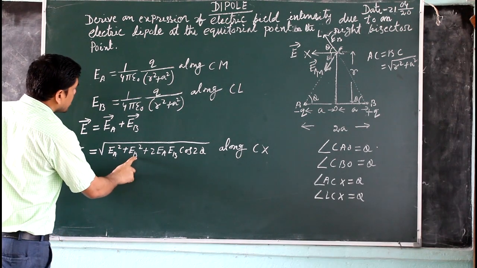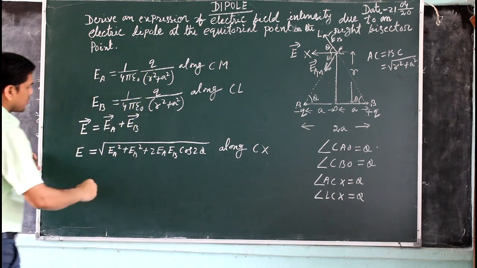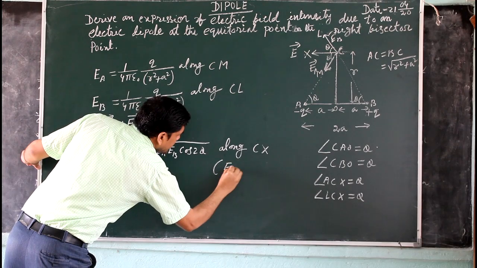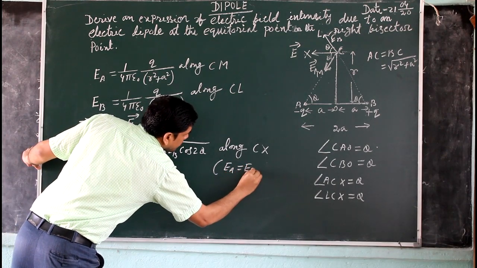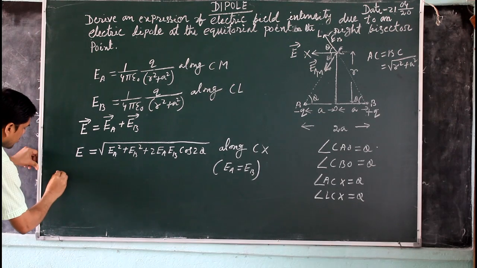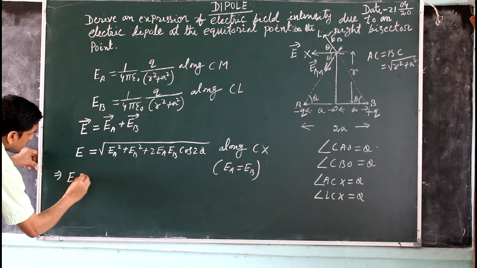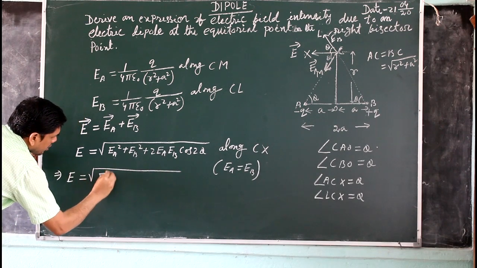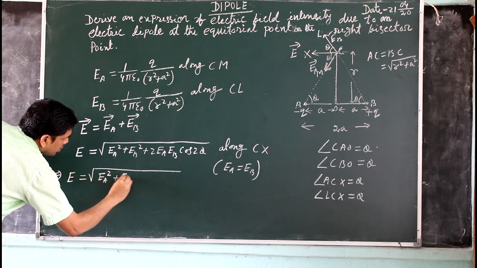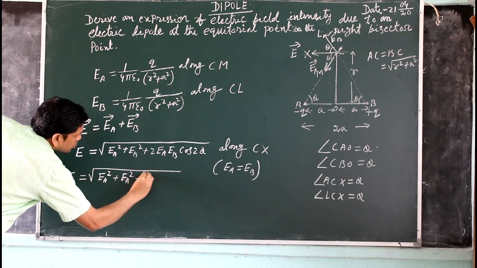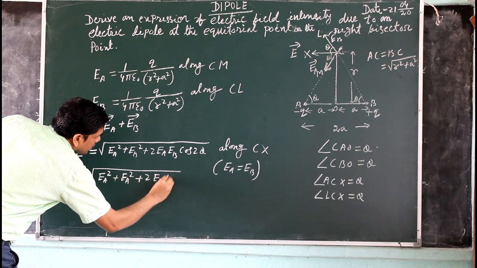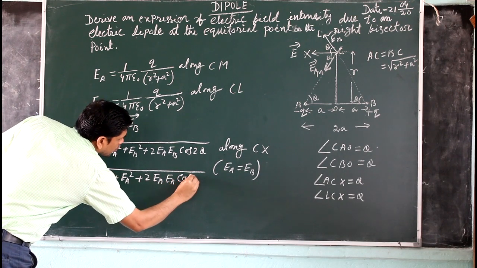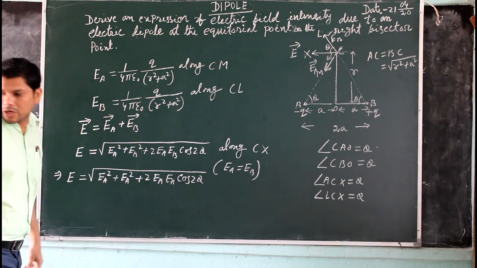Here the magnitudes of EA and EB are the same, so as EA equals EB magnitude-wise, we can write E equal to root over EA square plus EA square plus 2 EA into EA cos 2 theta.